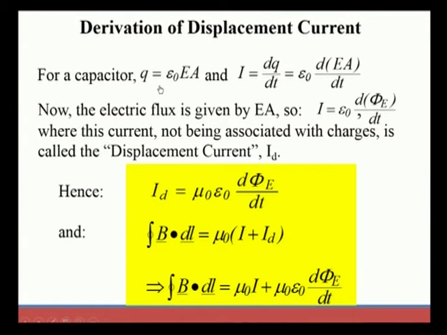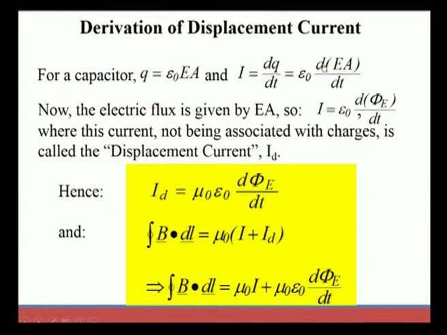The Q expression is always equal to epsilon naught E A, where A is the area of the plate and E is the electric field, and I, we know, is dq by dt. So, here we are substituting the Q value and taking the derivative of Q. Epsilon naught is taken out, which is a constant.